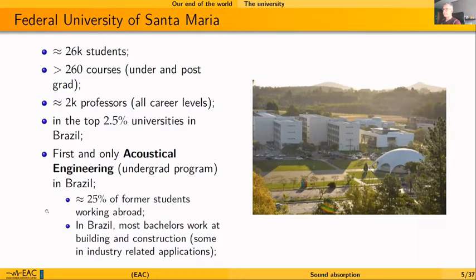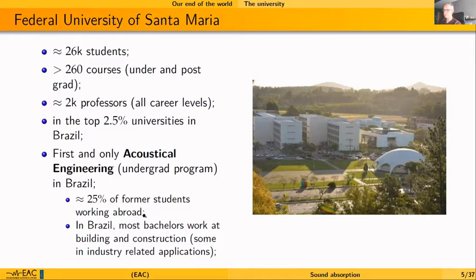Here we have the first and only acoustical engineering undergrad program in Brazil. You have one very similar at the University of Austral, and in fact, our curriculum is based on your curriculum. About 25% of our former students are working abroad. Europe and the US have been accepting our students quite well.